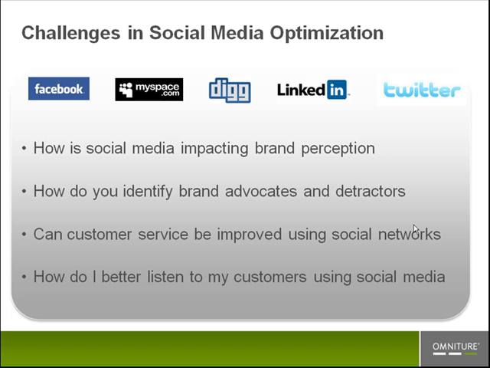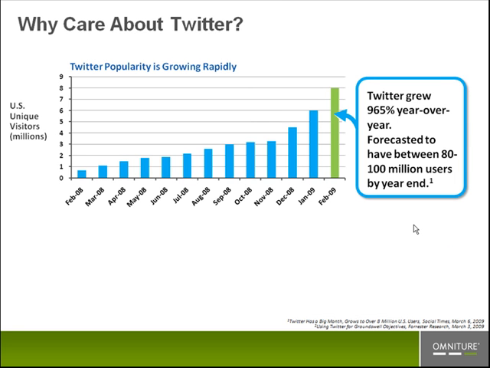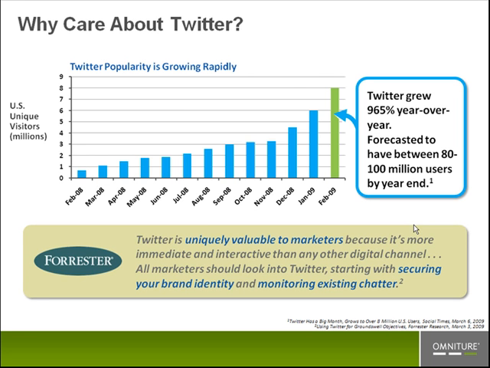We've also seen a lot of companies that are doing a great job at using social media to do customer service, or listen to their customers for direct feedback and in product development. Well, we've been spending a lot of time focusing on Twitter lately, and you can see it's grown so fast. And even since this graph, a lot of celebrities have discovered it, and it's really become mainstream.